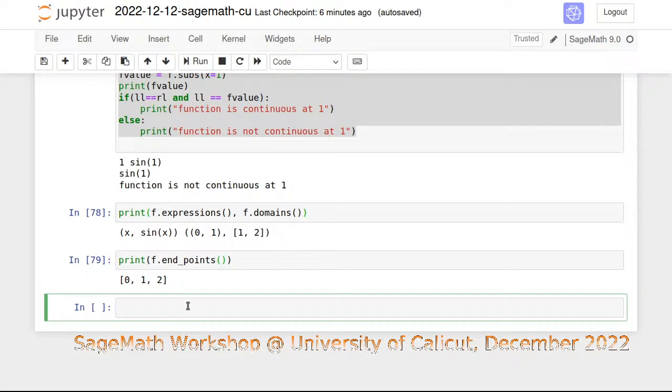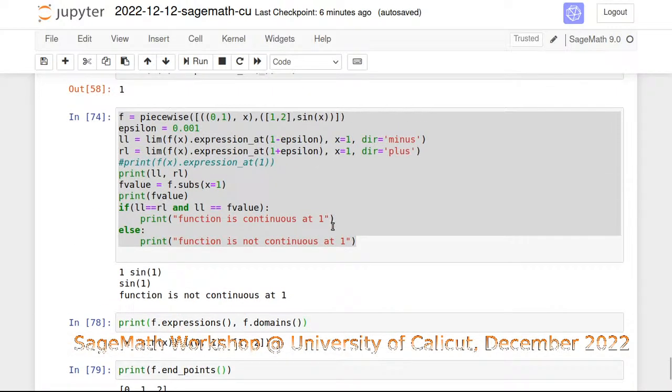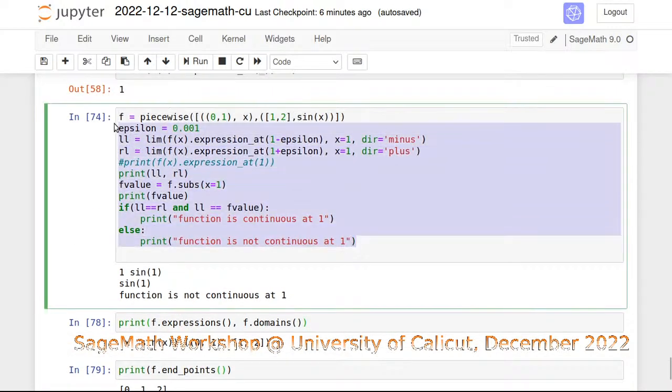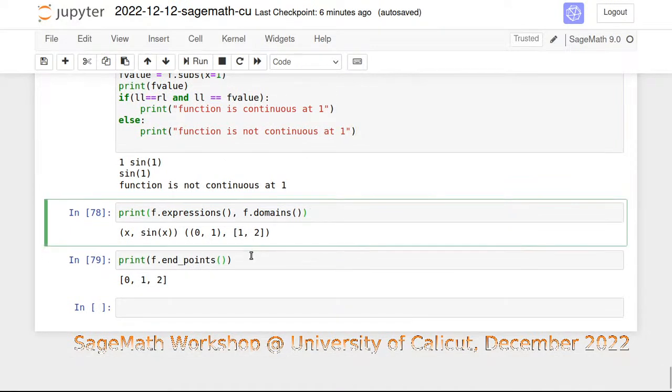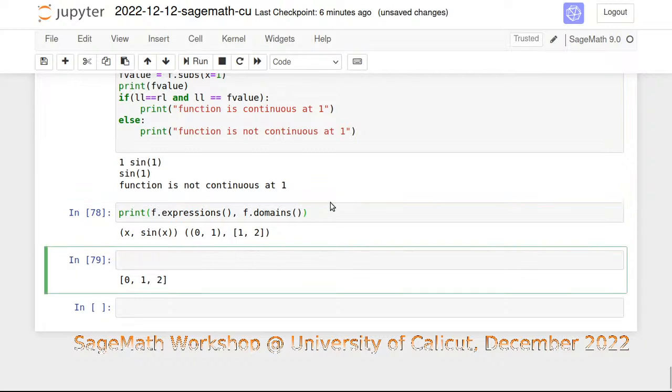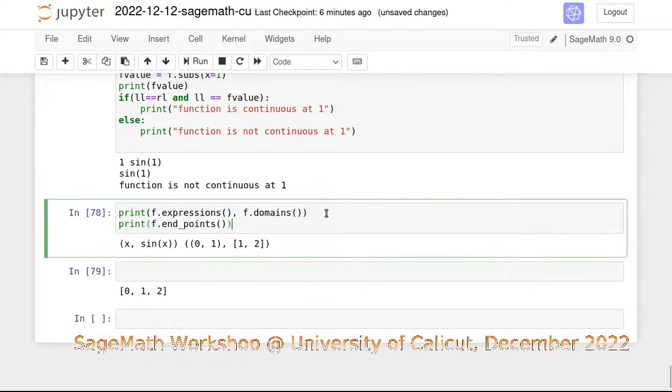I think you can try to write code for implementing this program without using that epsilon subtraction. Just try. I don't have a complete idea about it, but I think it's going to work. These 2 lines I am also updating.